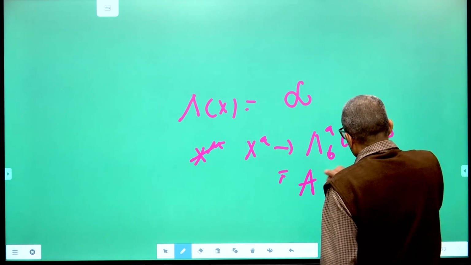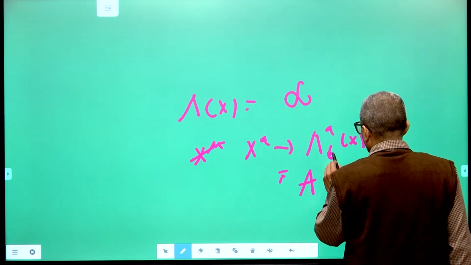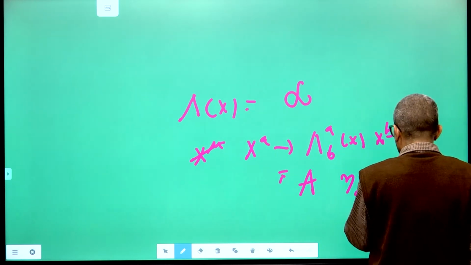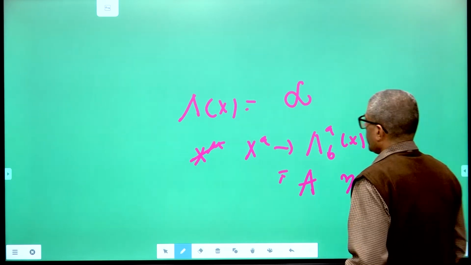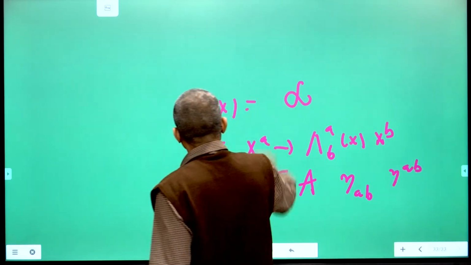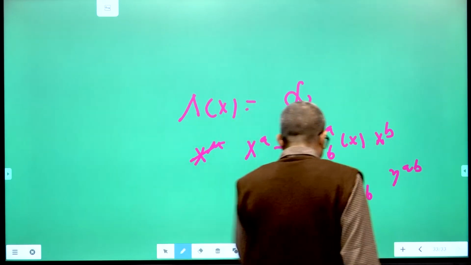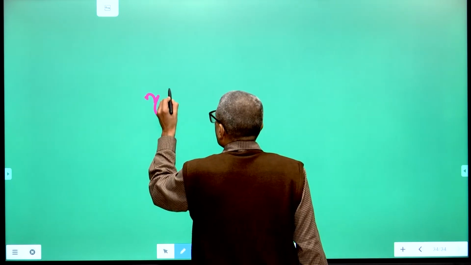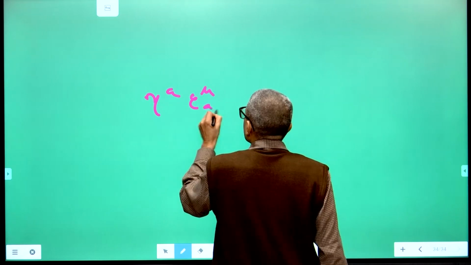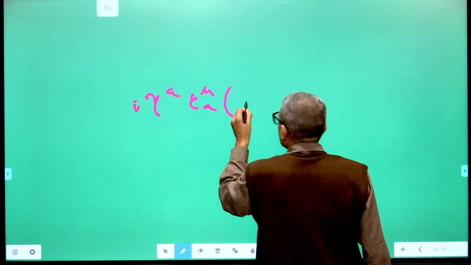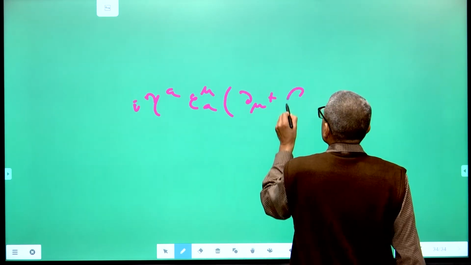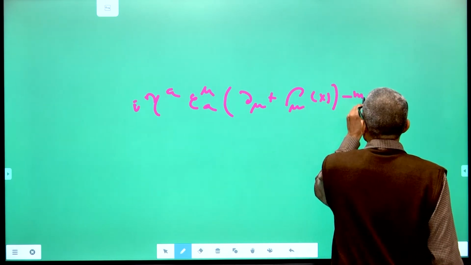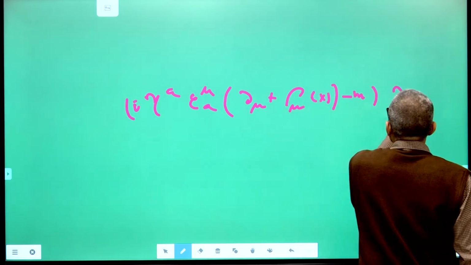I can pull down the index A or push up the index B using the Minkowski metric η_AB, they are both the same, right? 1, −1, −1, −1. So to get invariance under local Lorentz transformation, what do you require now? You take (iγ^A e_A^μ (∂_μ + Γ_μ(x)) − m) psi = 0.